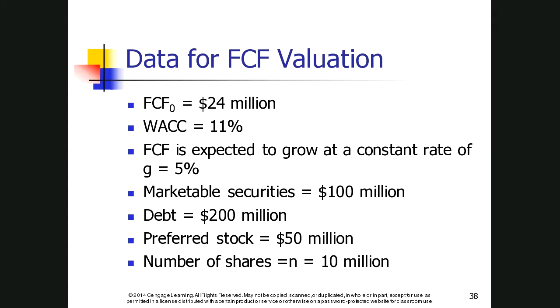Okay, so here the free cash flow is equal to 24 million, and the weighted average cost of capital, WACC, is 11%, and it's expected to grow at a constant rate of G equal to 5%. Marketable securities 100 million, debt 200 million, preferred stock 50 million, number of shares 10 million. So how are you going to do it?